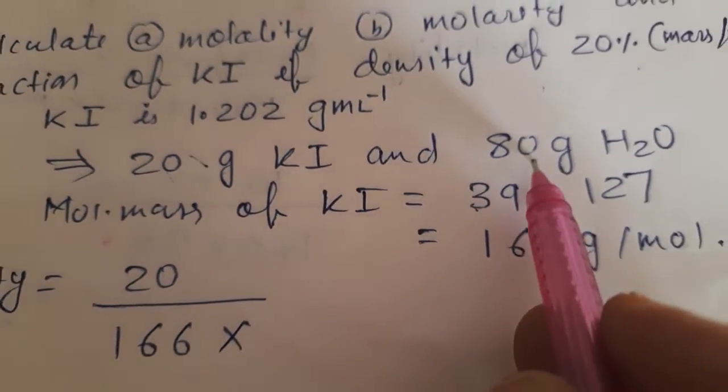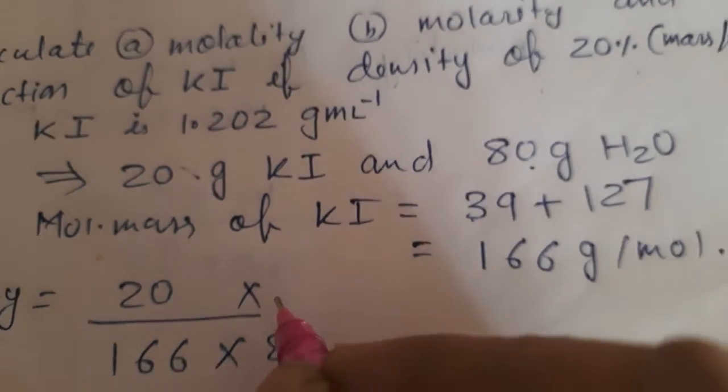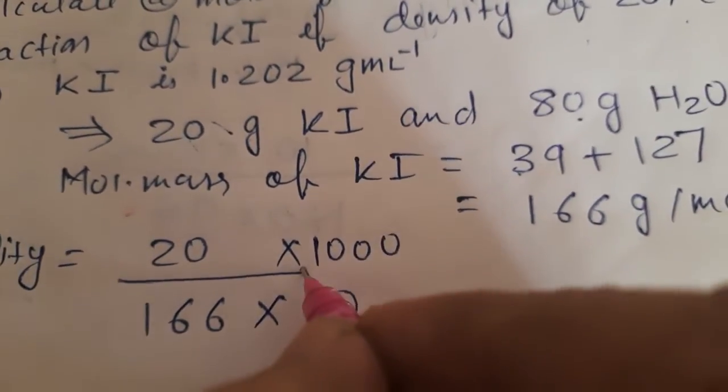So how much solvent is there, beta? 80. So mass of solvent in kg. It is in gram, let us convert it in kg, divide by 1000.